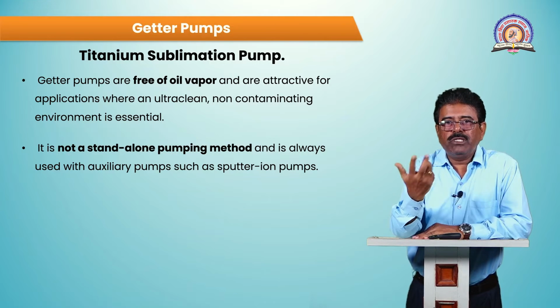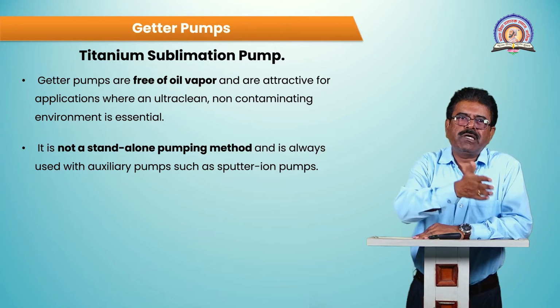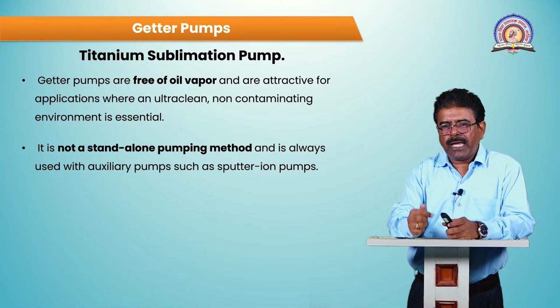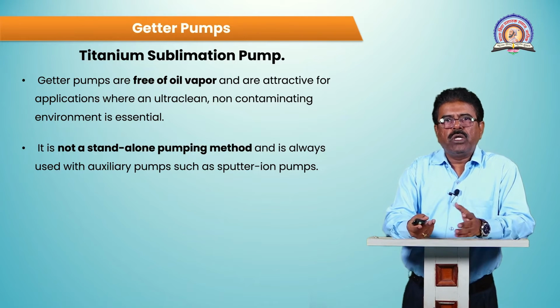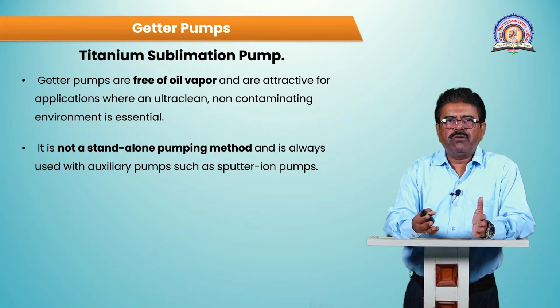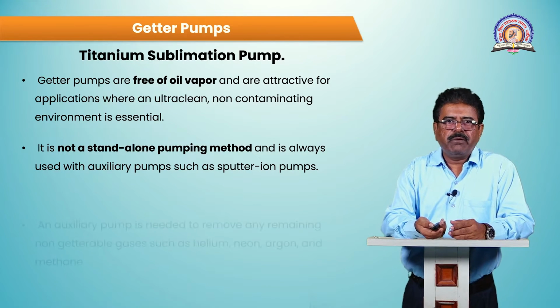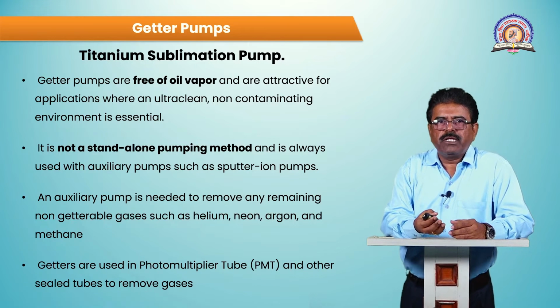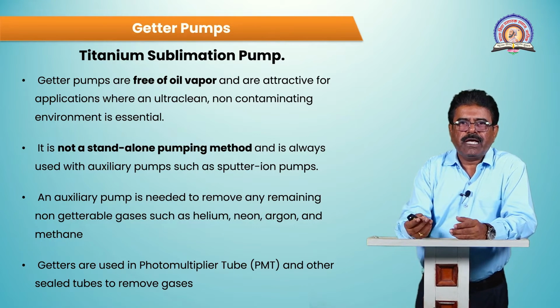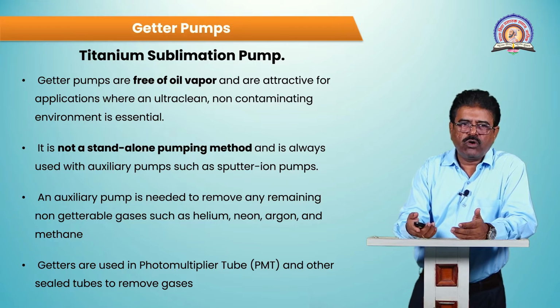In order to remove these remaining gas species, there should be some auxiliary pump, and a sputter ion pump is the best choice. So the titanium sublimation pump is always used along with an auxiliary pump like a sputter ion pump. The auxiliary pump is needed to remove gas species like helium, neon, argon, methane.